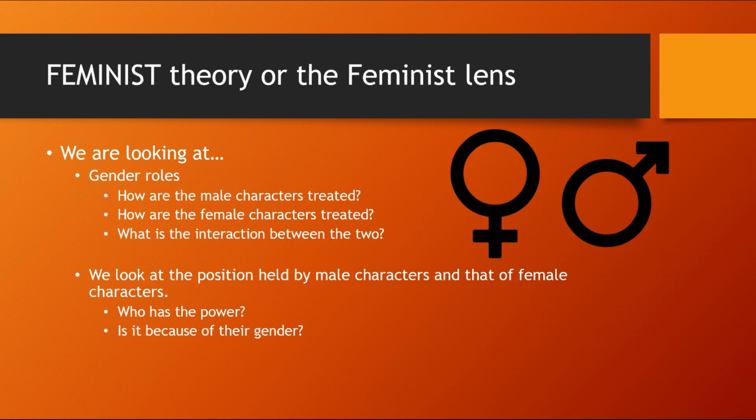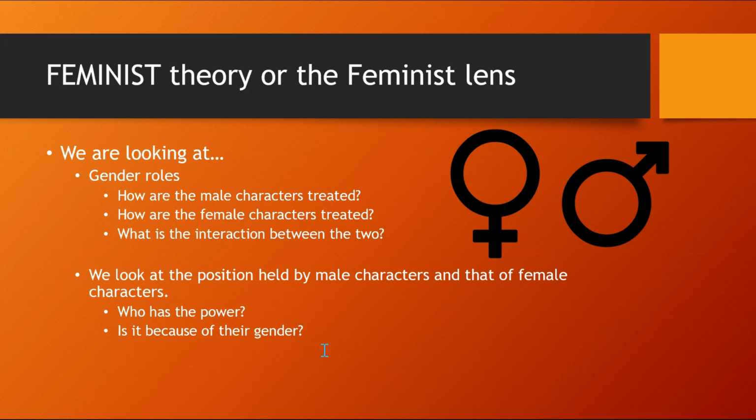Well, what kind of meaning are we going to find if we put on the feminist lens, or if we look at a piece of literature through the feminist theory? Here you're looking for gender roles, like maybe a male character is treated in a different way than the female characters are treated. That's going to pop out to us if we're looking through the feminist lens. So the analysis we do is going to be viewed through that.